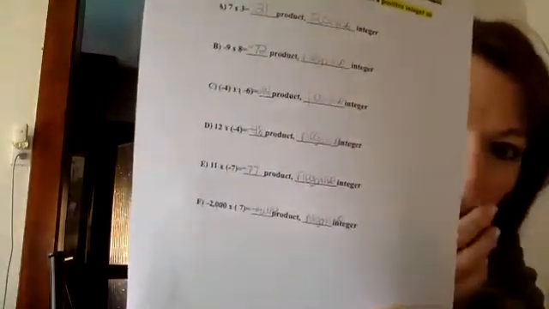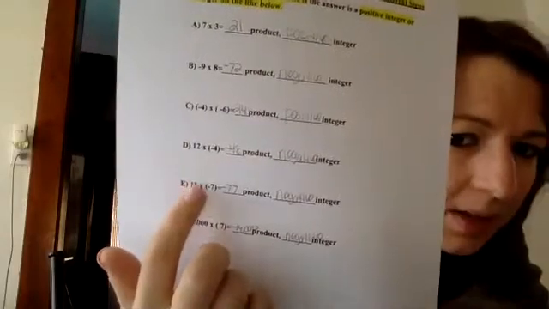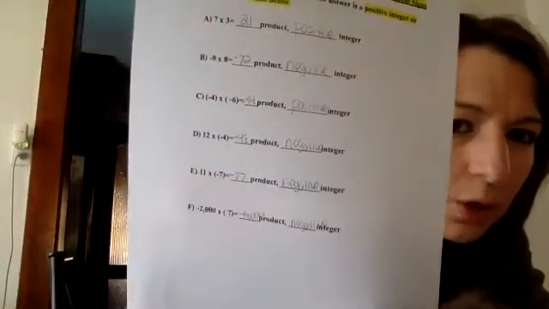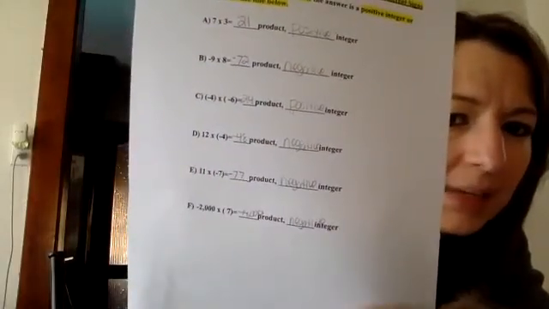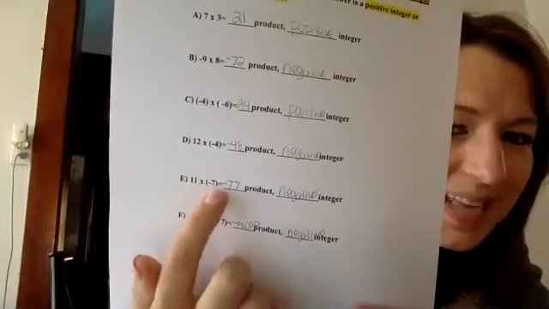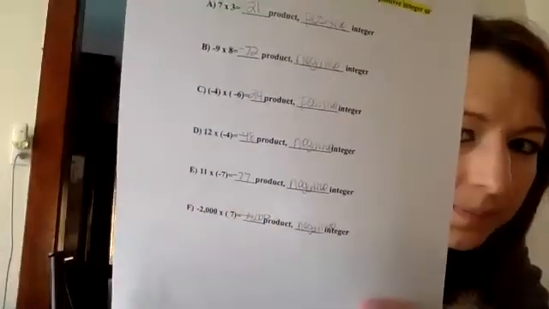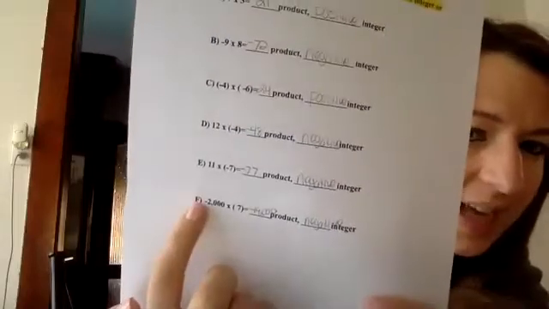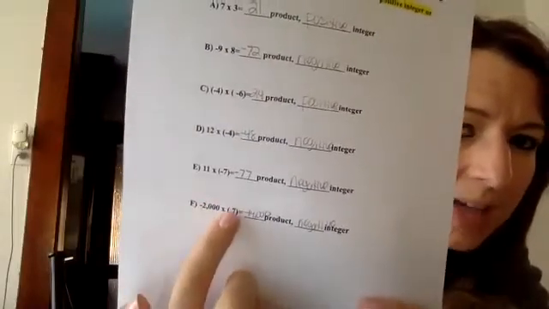Next. A positive times a negative. So if you look on the chart, a positive times a negative for letter E gives me a negative answer. Then I multiply 11 times 7, I get 77, so it's negative 77. Here, the sign is a negative times a positive.